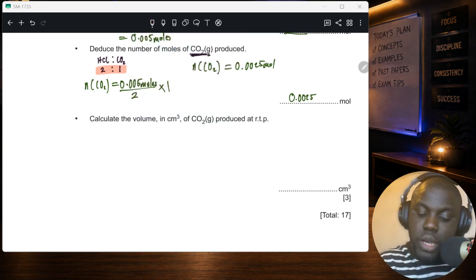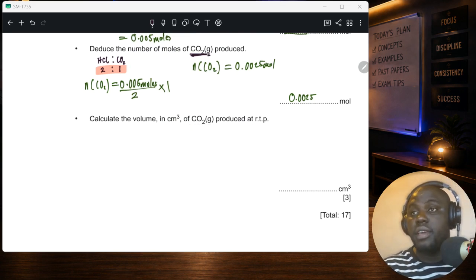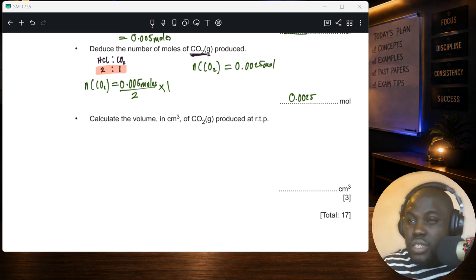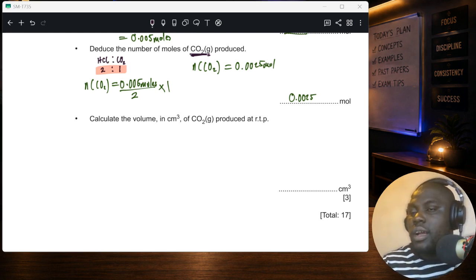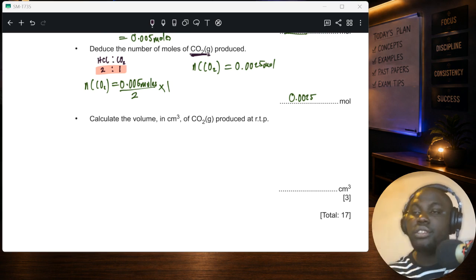Calculate the volume in cubic centimeters of carbon dioxide produced at RTP. Now, it's not about the question. I'm not interested in the question. I never care. I want you to know this is the third calculation.